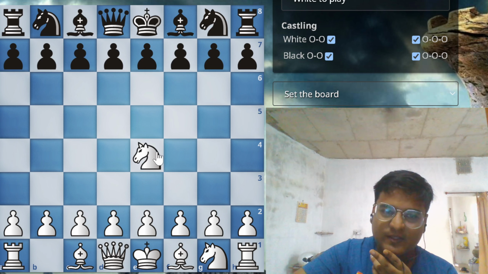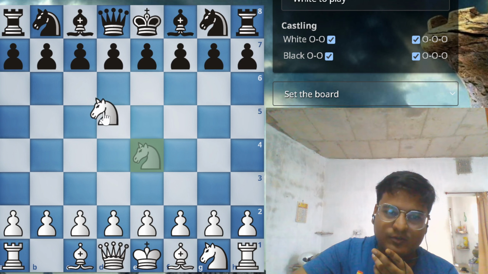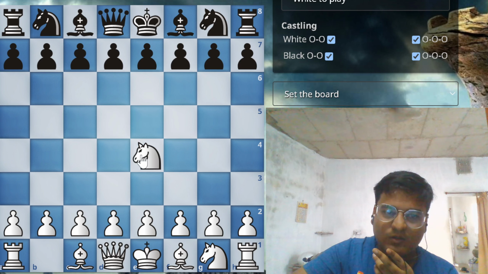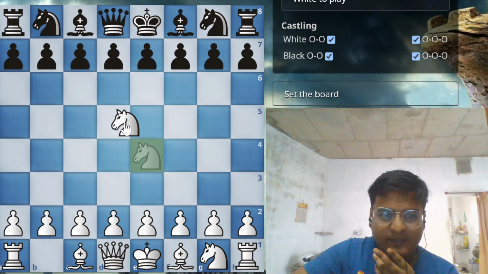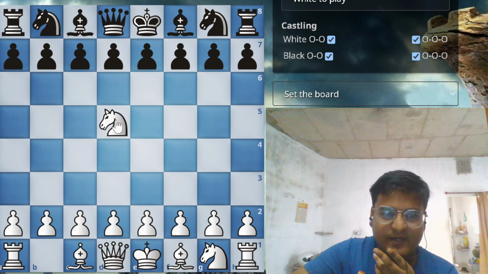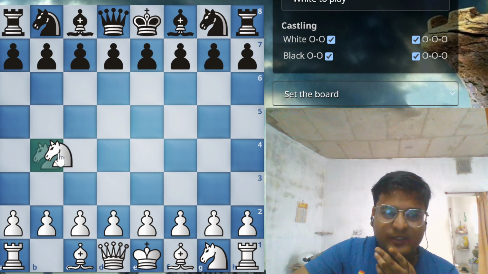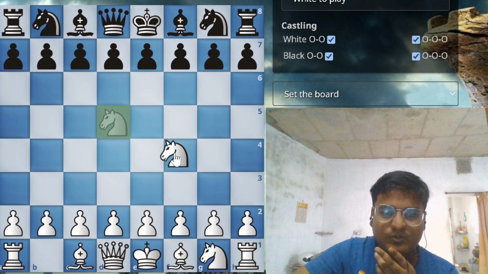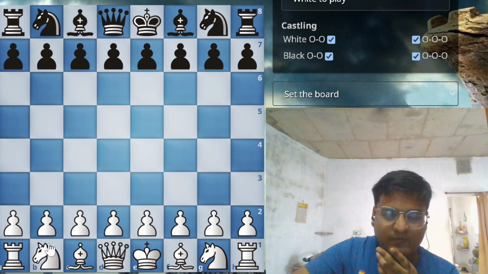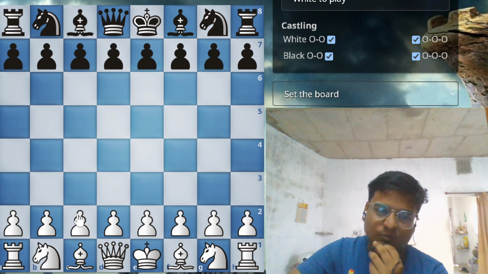There is another way, that is 1, 2, 3. Similarly, it can also move backward. For example, if it is sitting here, it can move 1, 2, 3, or 1, 2, 3. So we have understood the horse also.